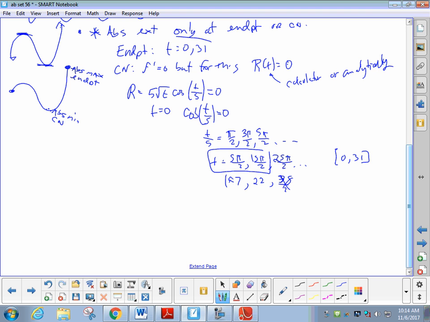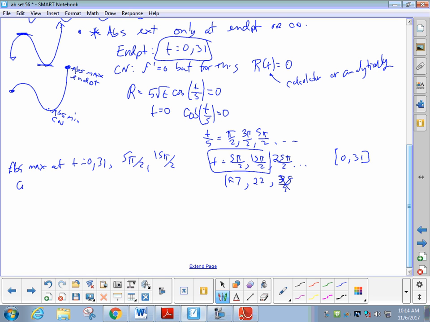So as far as candidates where the absolute max number of mosquitoes can happen, the absolute max must be at time 0, 31, 5 pi over 2, or 15 pi over 2. Okay, now those are the places where it could happen. So now you need to know at which of those is the greatest number of mosquitoes.